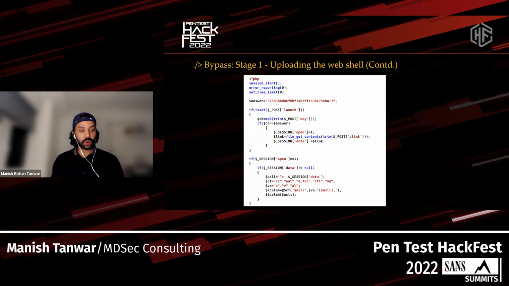So let's say this is the code of that web shell. Here you can see we are just fetching the content and holding it in a session variable. If the session variable is set, it means we have loaded the web shell in the session variable, and then we are going to evaluate the code.